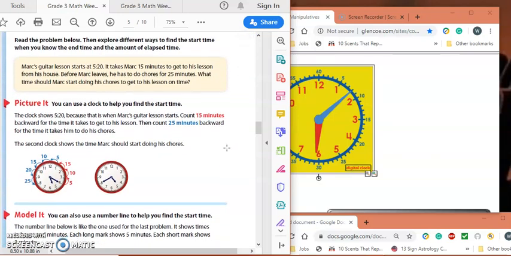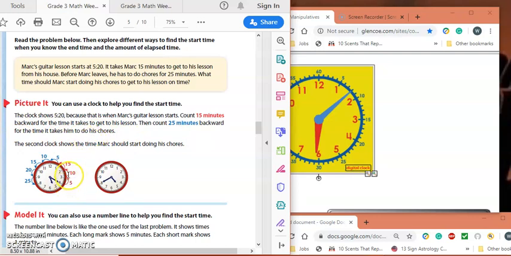Let's picture it. You can use the clock to help you find the start time. The clock shows 5:20, because that's when Mark's guitar lesson starts. So we're going to count 15 minutes backwards for the time it takes to get to his lesson. And then count 25 minutes backward for the time it takes him to do his chores.